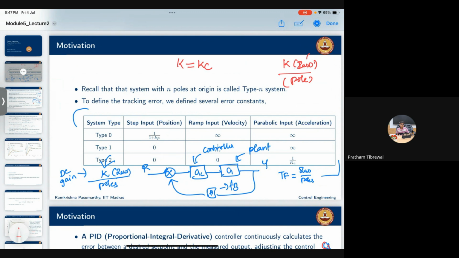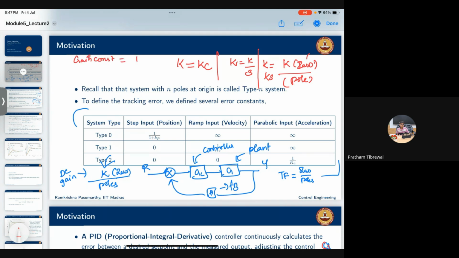This is the first criterion. Second, I am going to place an extra pole in the origin. How well is it going to affect the system? Third, if I place a zero in the system's origin, how is it going to affect the system? These are the three cases we are going to study. First one is gain constant.